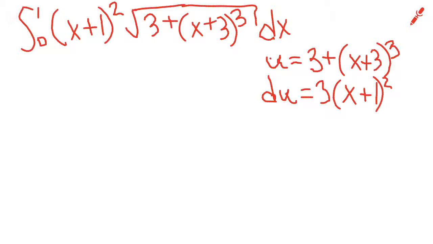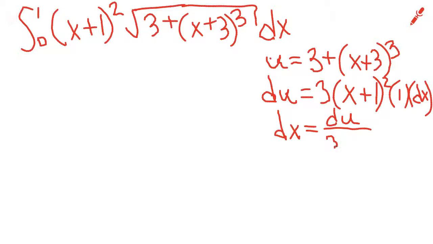You're using the chain rule, so you also have times 1 times dx. And you're left with dx equals du over 3 times x plus 1 squared.